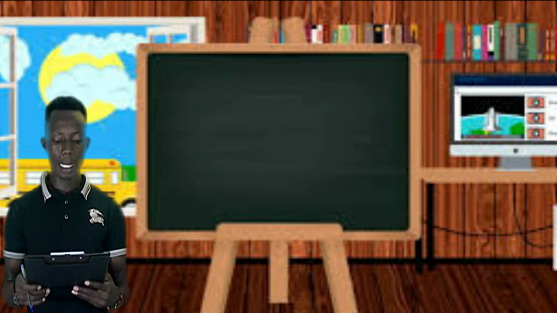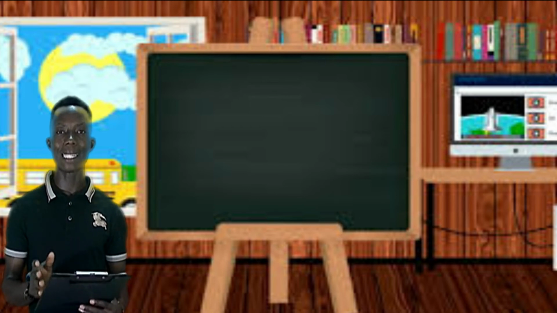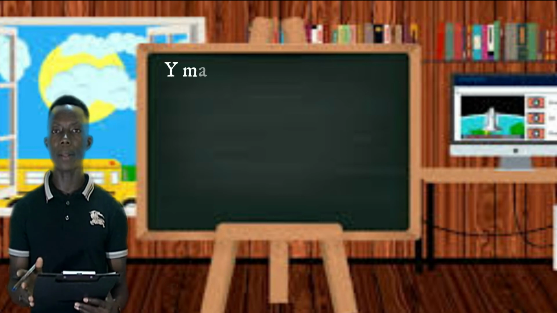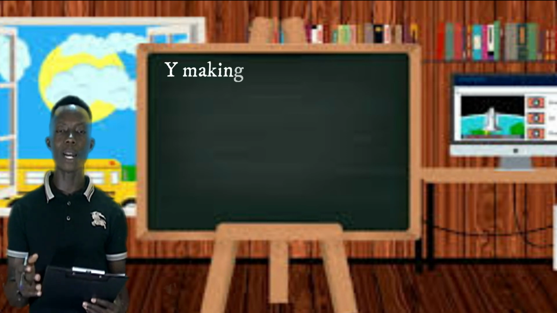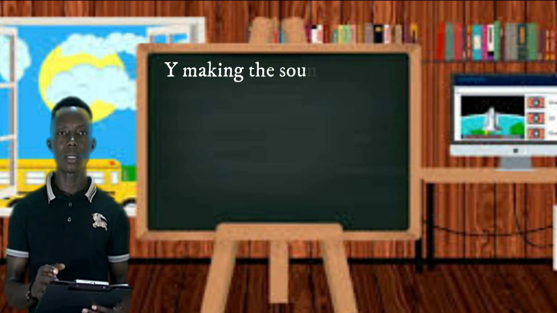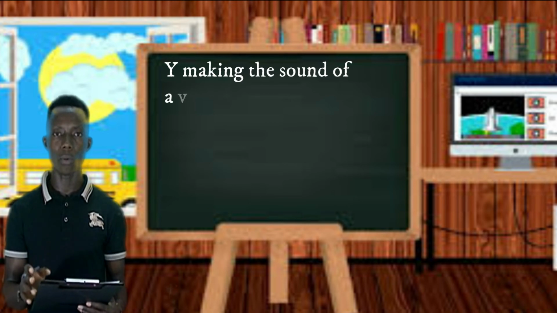Now, let's take a look at the vowel letter that has almost the same sound as the letter Y, which makes it possible for us to represent the letter Y in some ways, and sometimes represent the letter Y as a vowel.